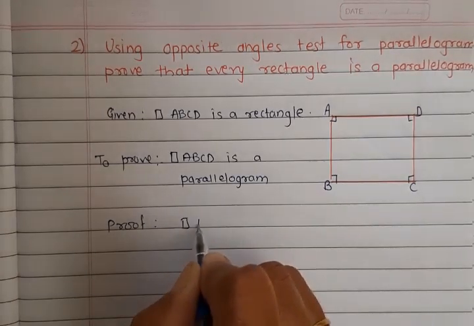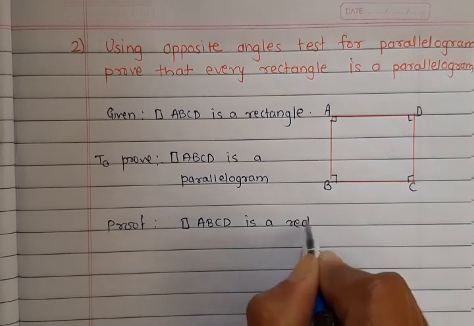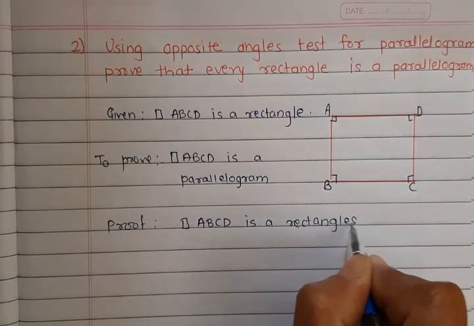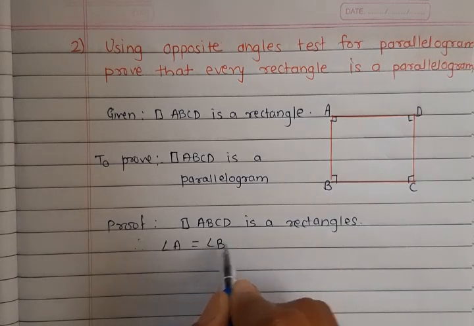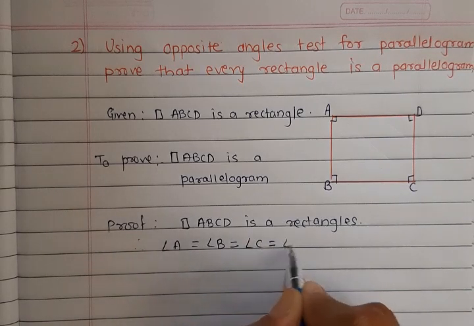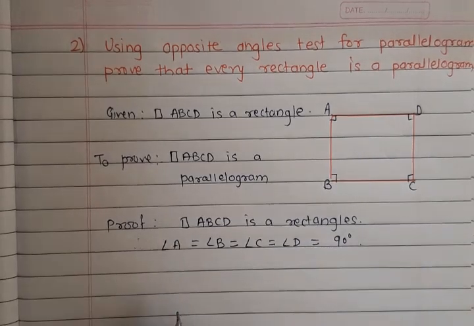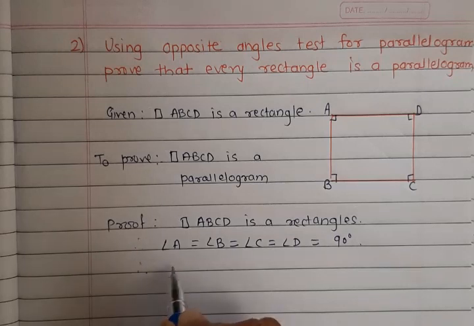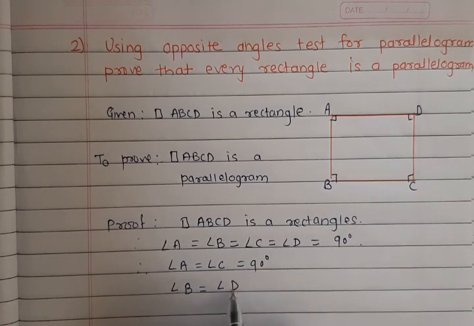Here it is mentioned that quadrilateral ABCD is a rectangle. Rectangle means all angles are equal to 90 degrees. Therefore, angle A equals angle B equals angle C equals angle D equals 90 degrees. Therefore, angle A equals angle C equals 90 degrees, and angle B equals angle D equals 90 degrees.